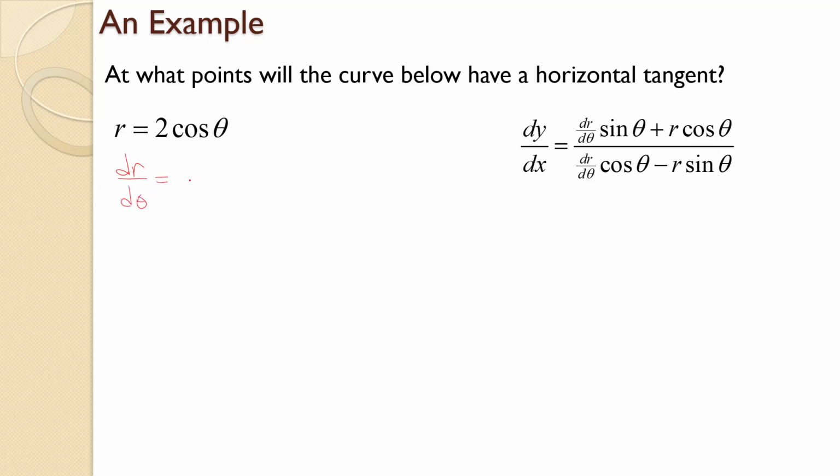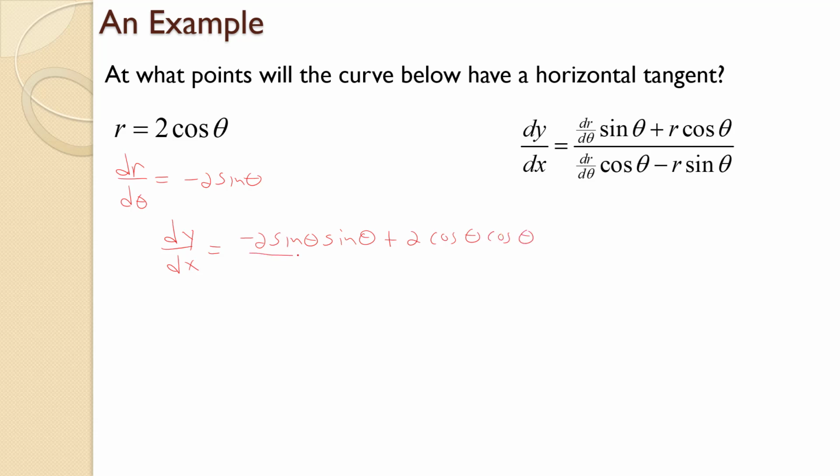In this case, that would be -2 times the sine of theta. So dy/dx should equal the derivative of r in terms of theta, -2 sine of theta, multiplied by the sine of theta. And to that I'm adding r, which is 2 times the cosine of theta, multiplied by the cosine of theta.